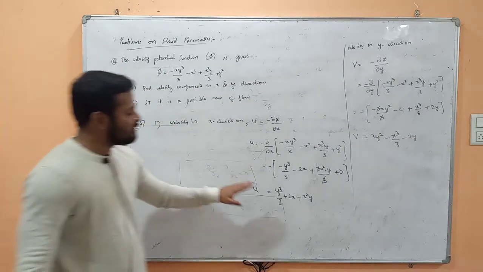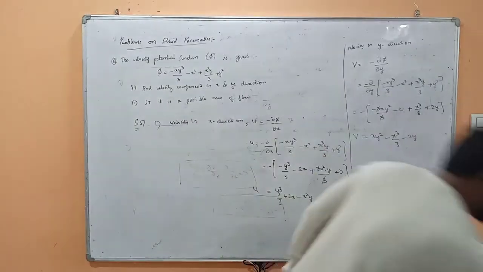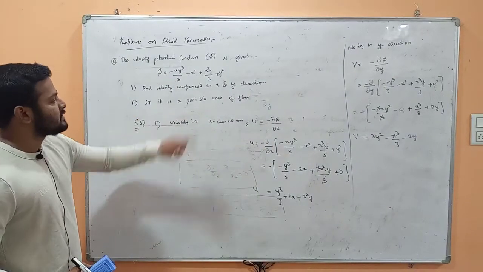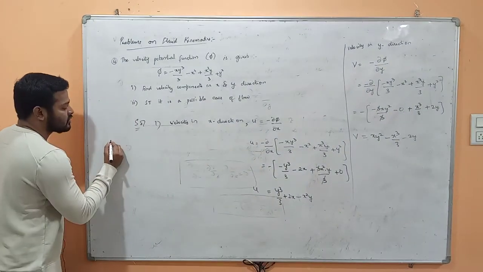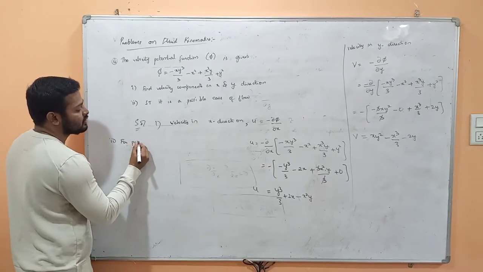Similarly we are going to solve the second bit: show that it is a possible case of flow. Okay, this space is sufficient for me. For the possible case of flow, what's the condition?